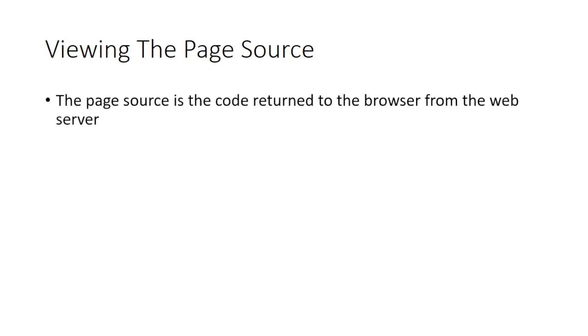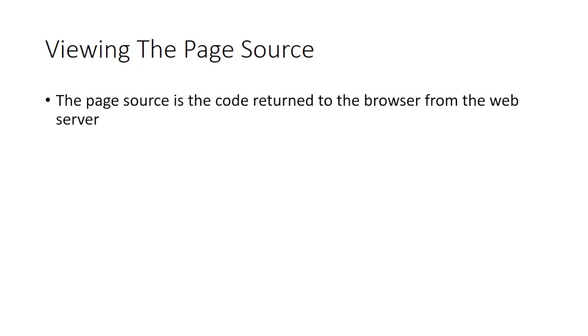So once this is done, we have a general idea of the links that exist there. We will try to view the page source. The page source is the code returned to the browser from the web server when we make a request.